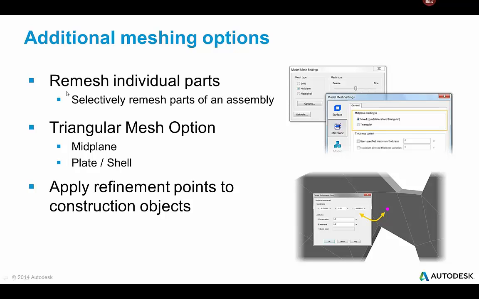Now, if you're doing static stress or thermal, and if you want to consider bonded contact where two objects are going to touch, and if you remesh them individually, and you don't pay attention to that contact setting, you will end up getting meshes that do not match on the boundary where the contact is going to take place. So in those cases, you should go into the setup parameters and make sure you enabled what's called smart bonding, which will take care of the non-conformal mesh aspect and create the necessary contact for bonded and surface contact objects.